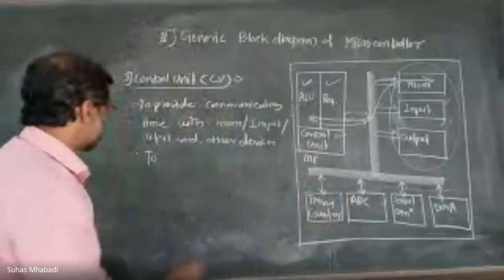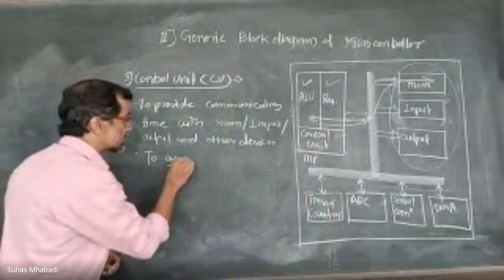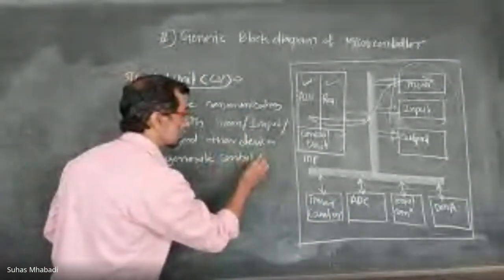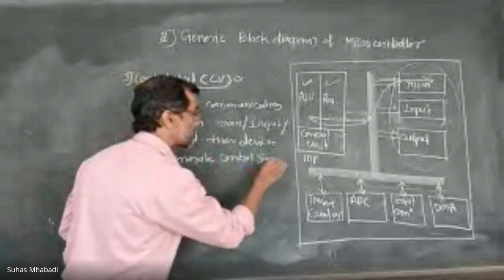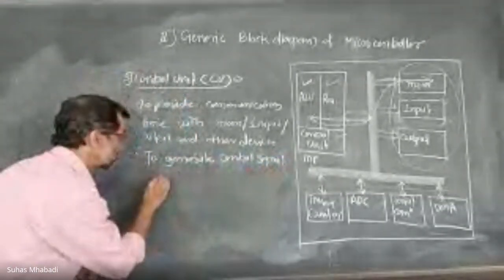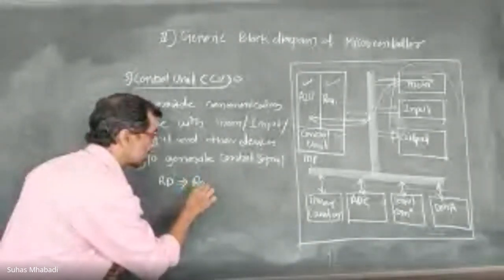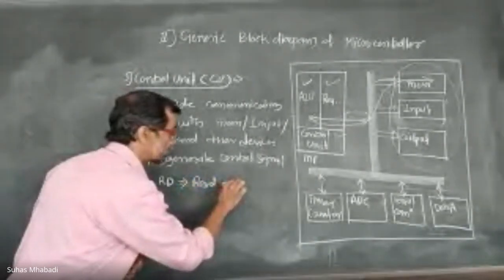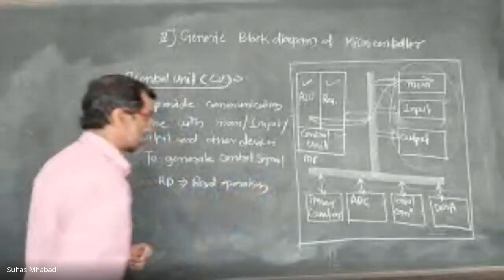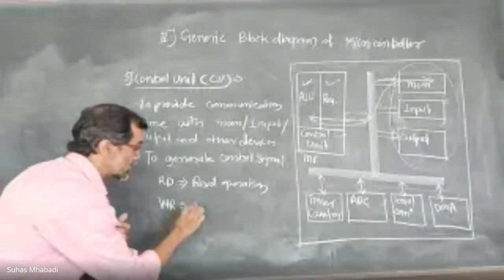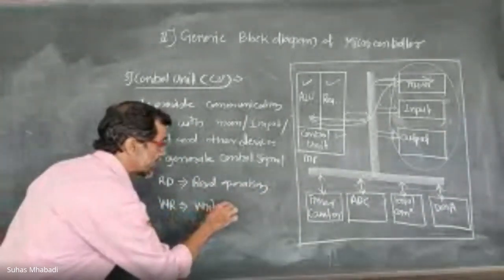So to generate control signals, like RD bar for read operation, it generates a signal like WR bar for write operation.